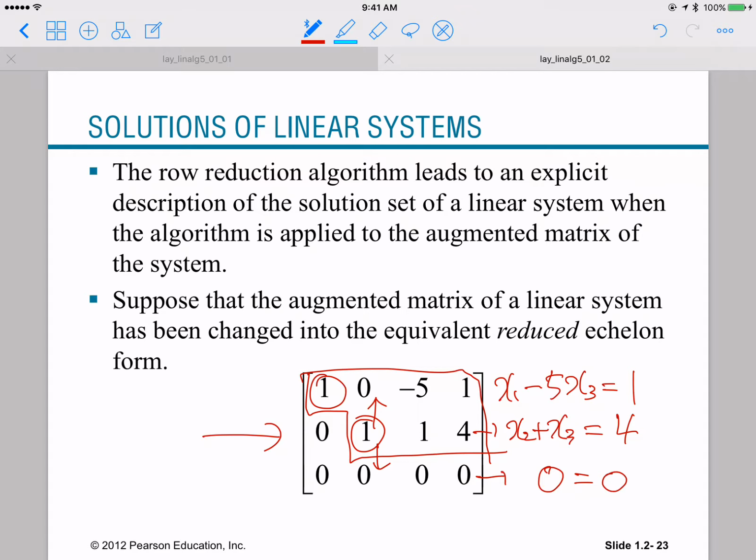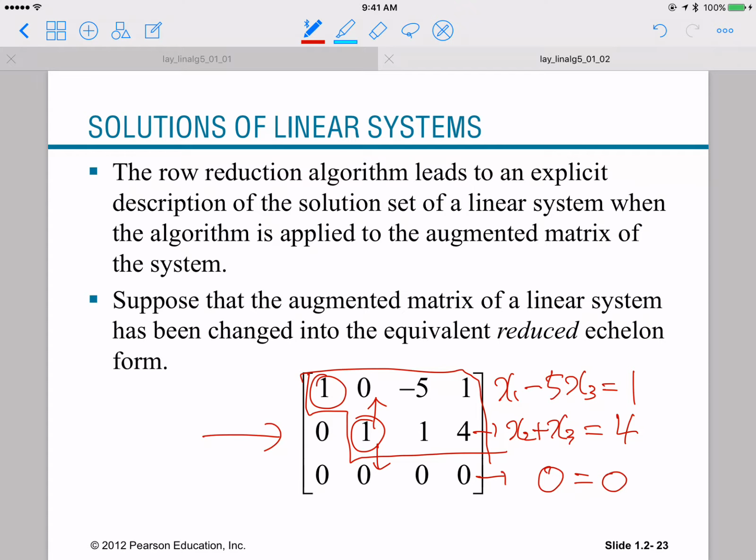As it is, it doesn't give an exact value for x1, x2, and x3, right? It's still giving some equation. But this is actually your solution.